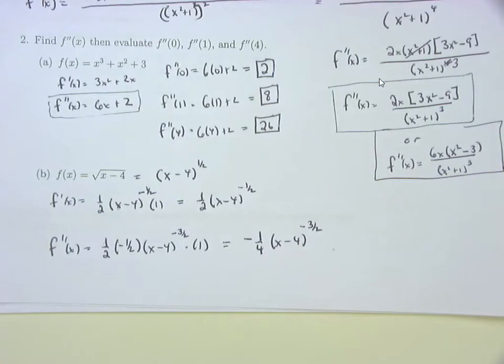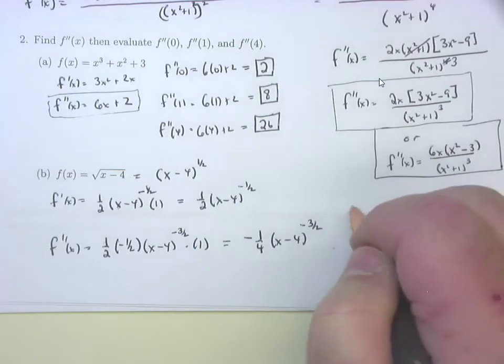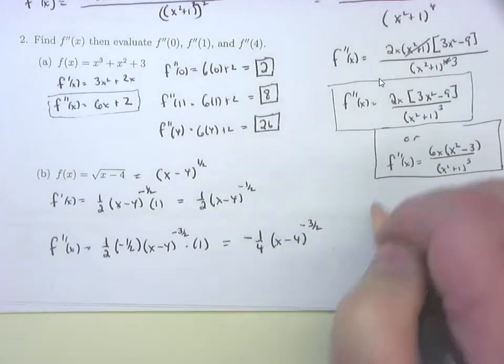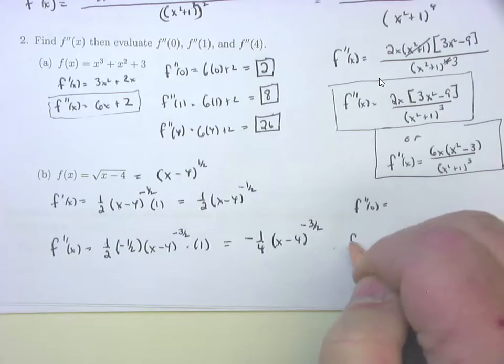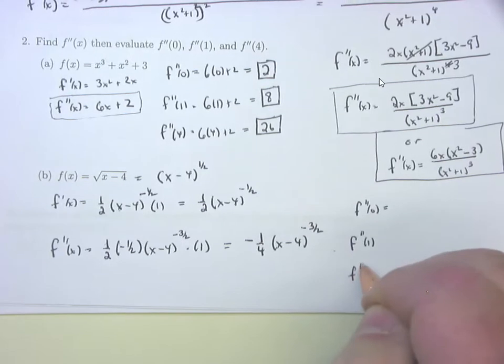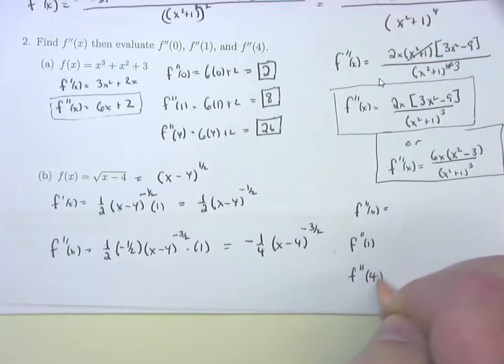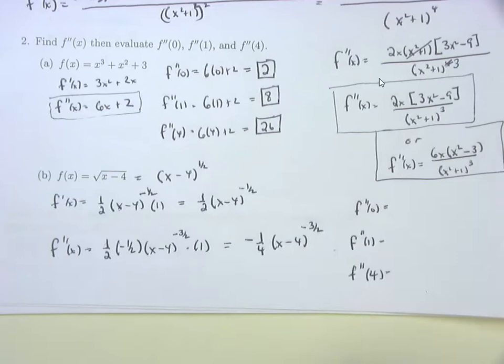All right, so here we go. We're supposed to find f double prime of 0, f double prime of 1, and f double prime of 4. So let's see what we get here.